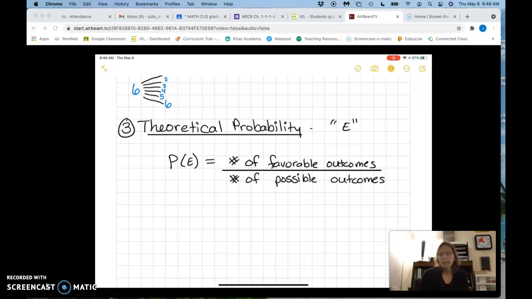So probability is going to most often be written as a fraction or some kind of percentage or decimal.